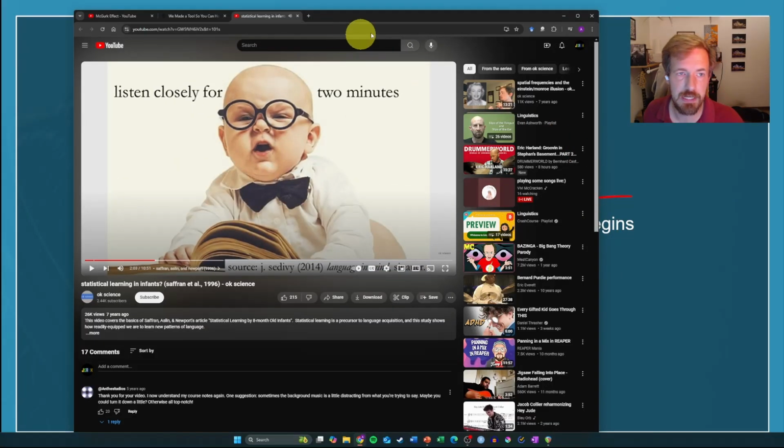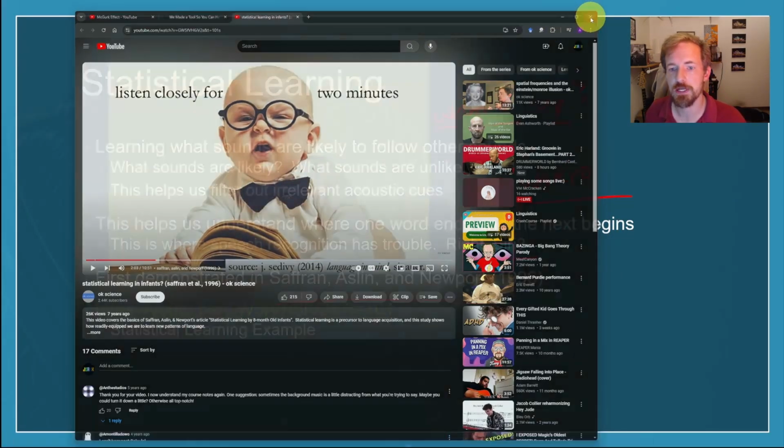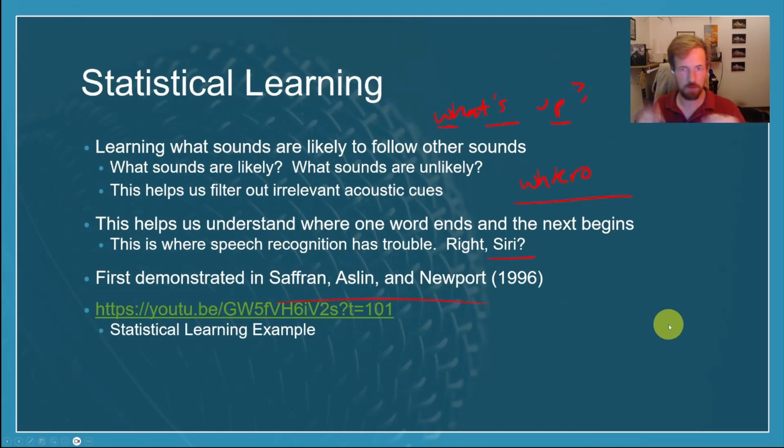All right, so maybe you get it by now. Essentially what they're doing is that they're just playing a stream of nonsense that is just a bunch of sounds, right? There weren't any actual words there. That's kind of the point. Saffran, Aslin, and Newport took a bunch of babies as participants, consensually. They had the parents' permission.